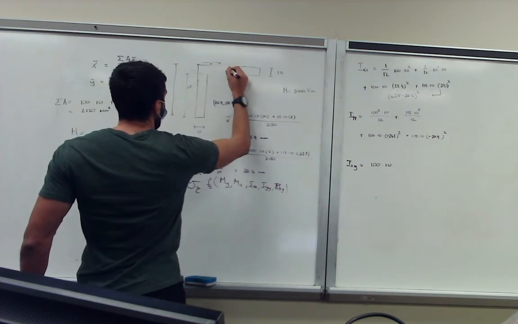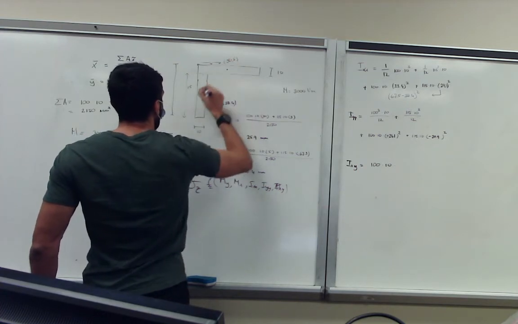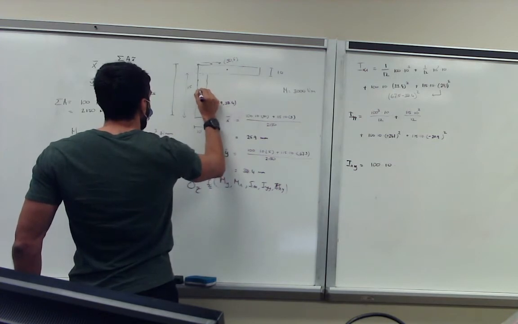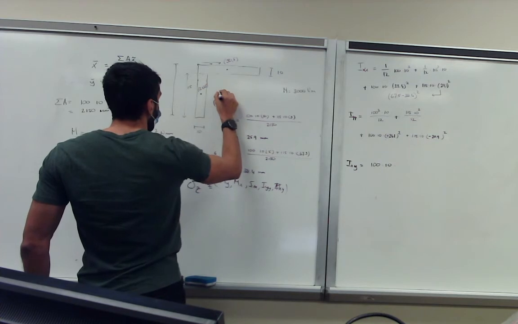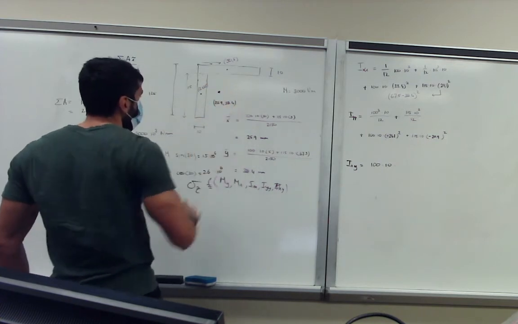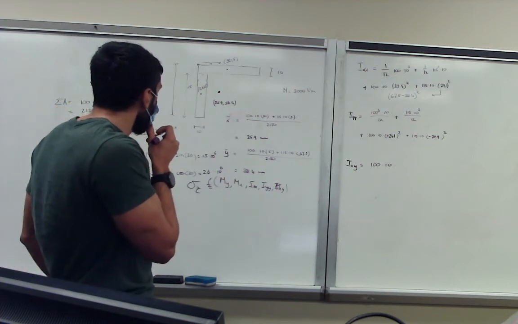This centroidal axis was at 50, 5. This centroidal axis was at 5, 67.5. And our centroid was at 25.9, 38.4.